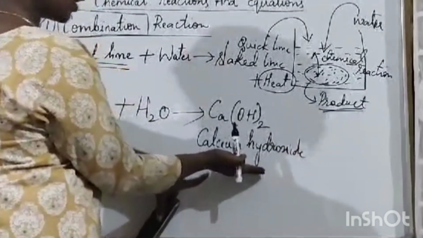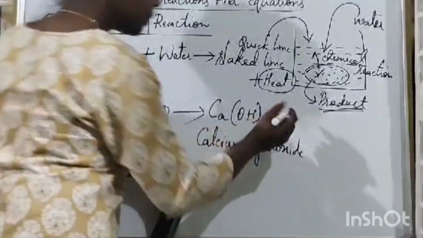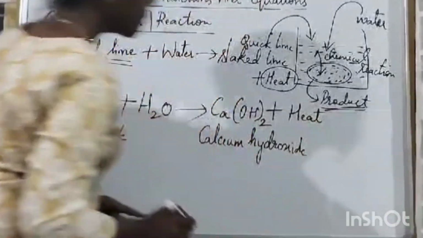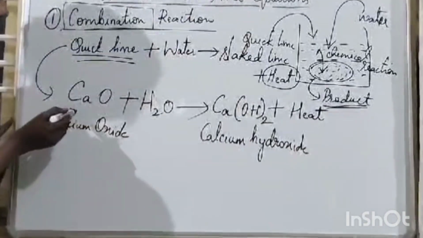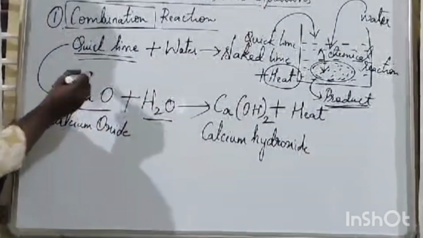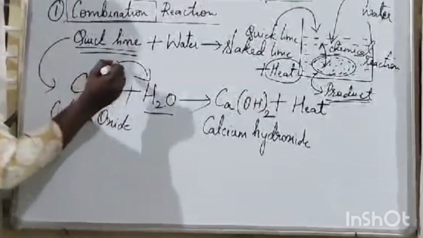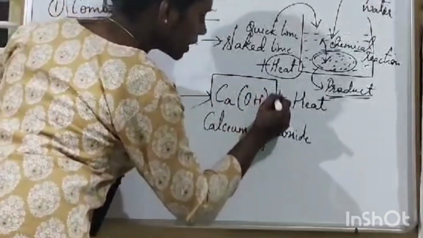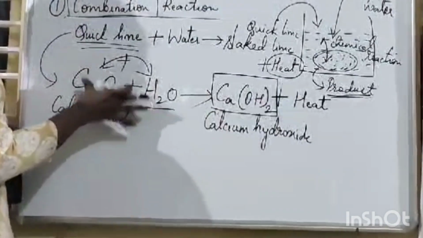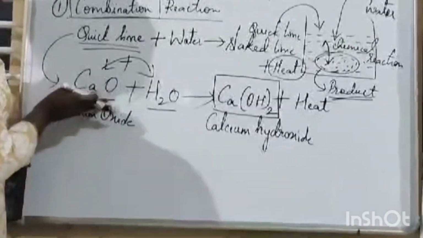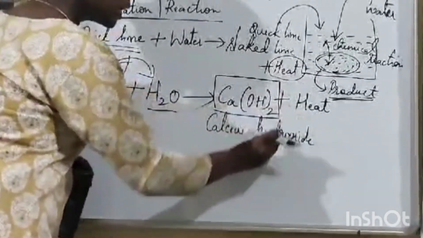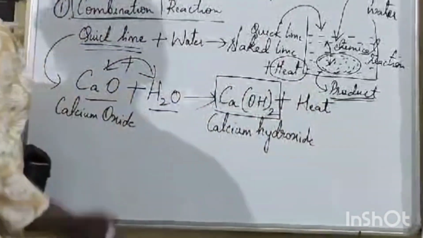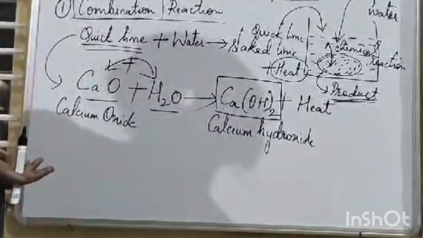Along with the product slaked lime, or calcium hydroxide, we are getting heat produced. So here we can see these two reactants are reacting together, adding together to form this one single product. So this is called a combination reaction, where these two are combining to form a single product. We are getting only one single product. Here heat is produced. So this is an example of a combination reaction.